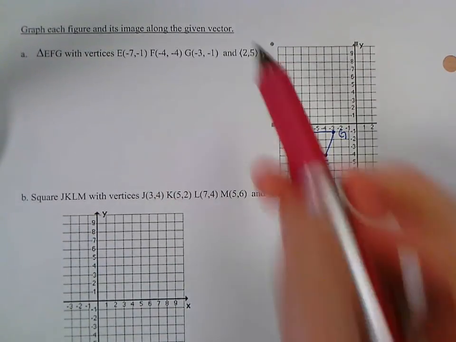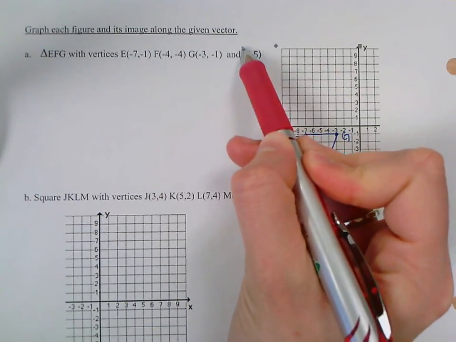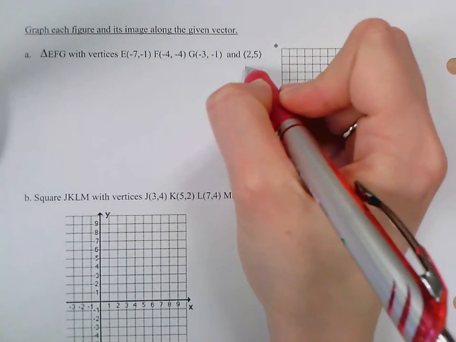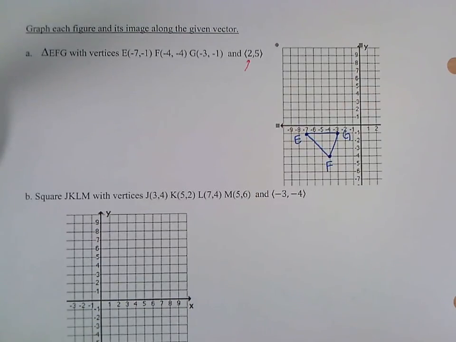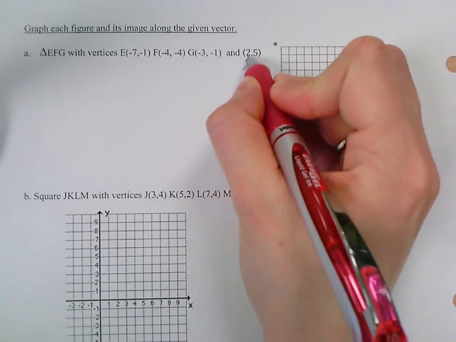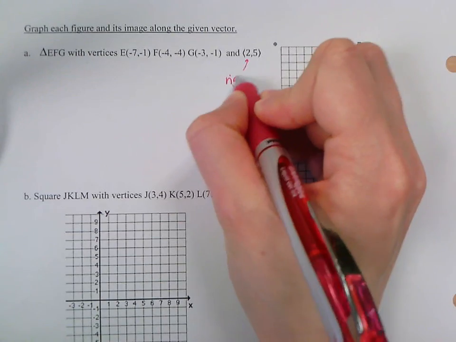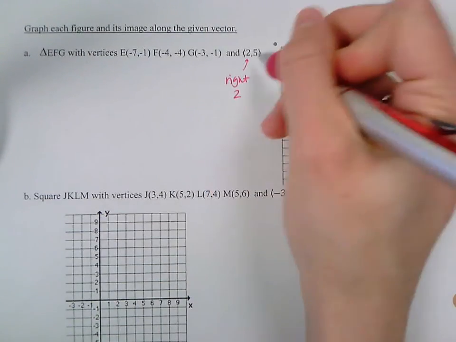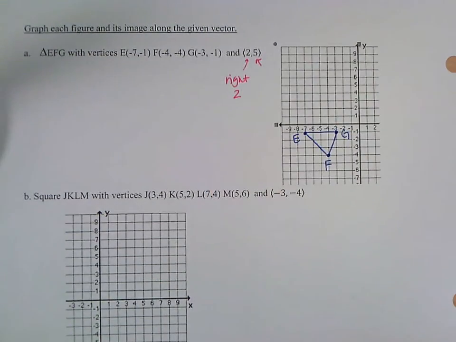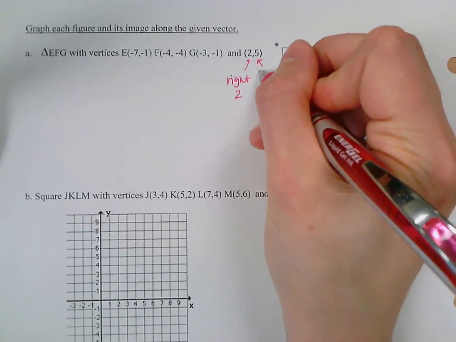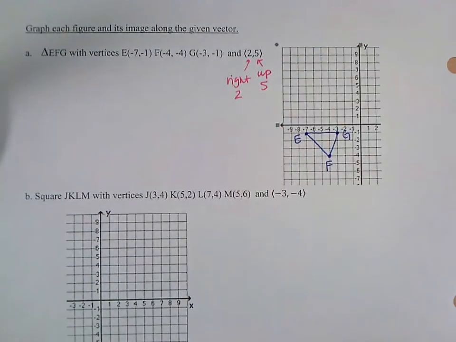And then based on this translation vector, what change does the 2 represent? You're going to the right 2, so it's horizontal change first, so right 2. And then what does the 5 mean? Up 5. That's a vertical change. It's positive, so it'd be going up.